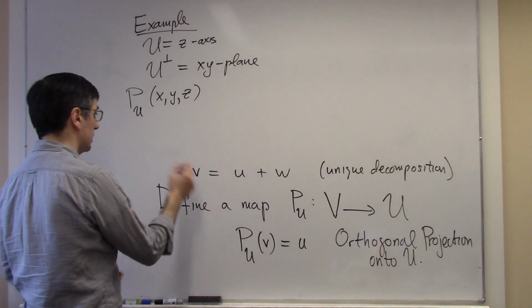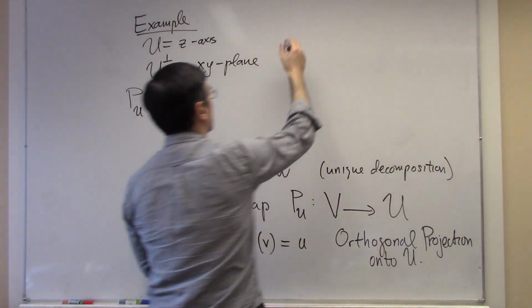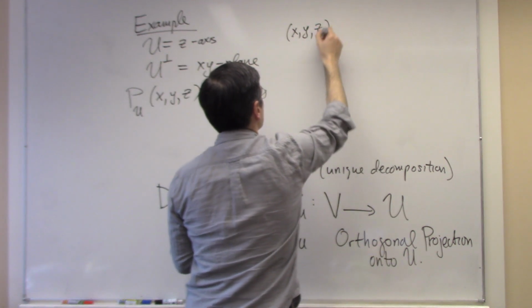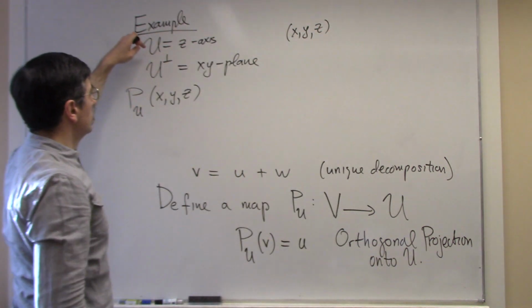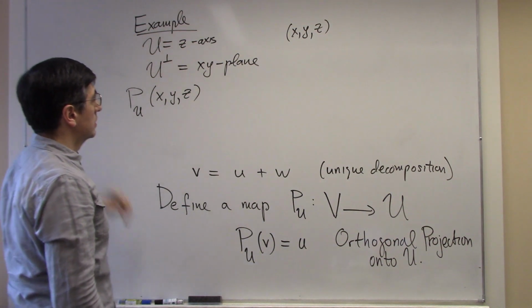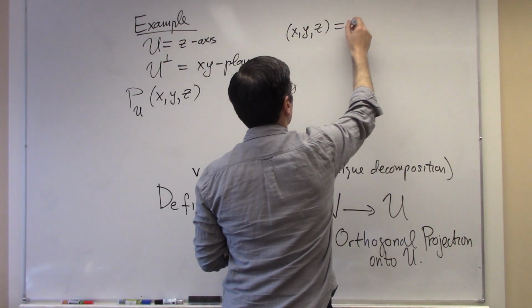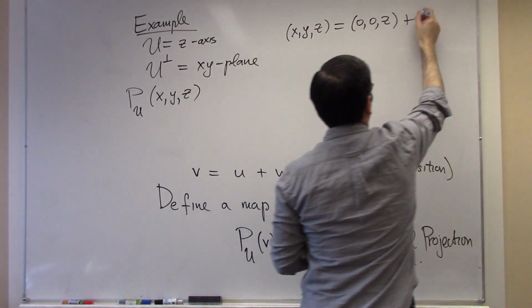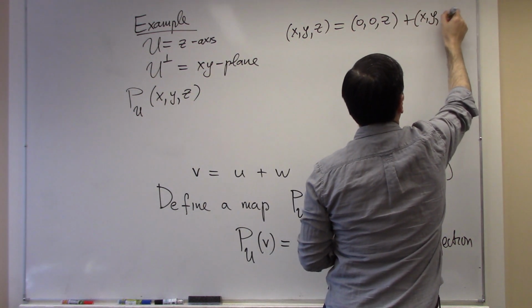We have to remember that the orthogonal decomposition in this case, into a vector from U and a vector from the xy plane, is (0, 0, z) plus (x, y, 0).